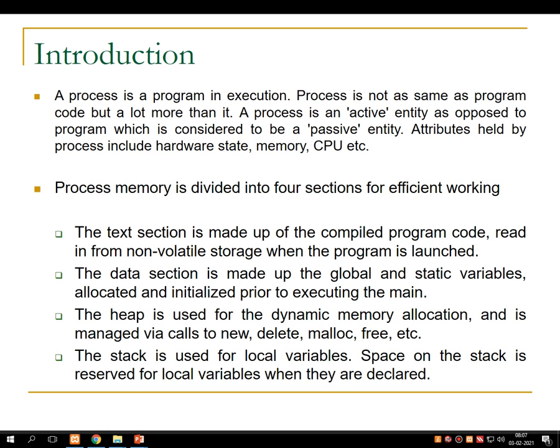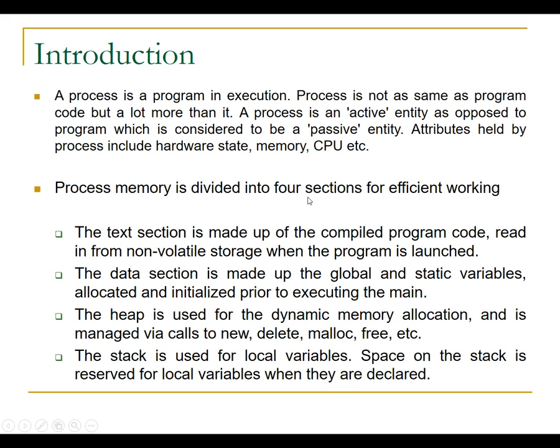This entire architecture resides in the main memory of the computer, called random access memory. That random access memory is a primary storage device which holds all the processes before they get executed. Now this was all about the previous lecture that we have already discussed.